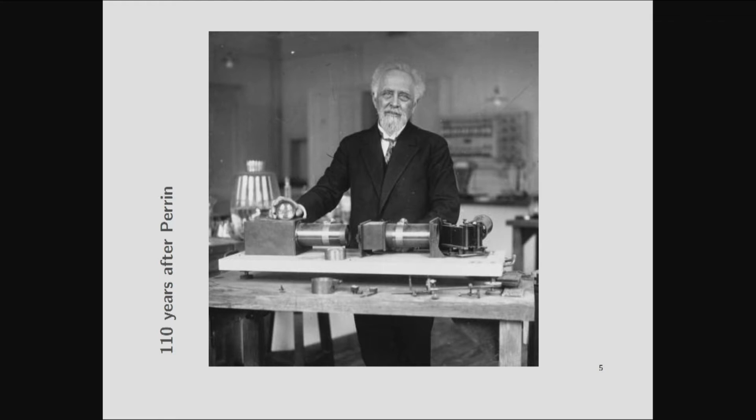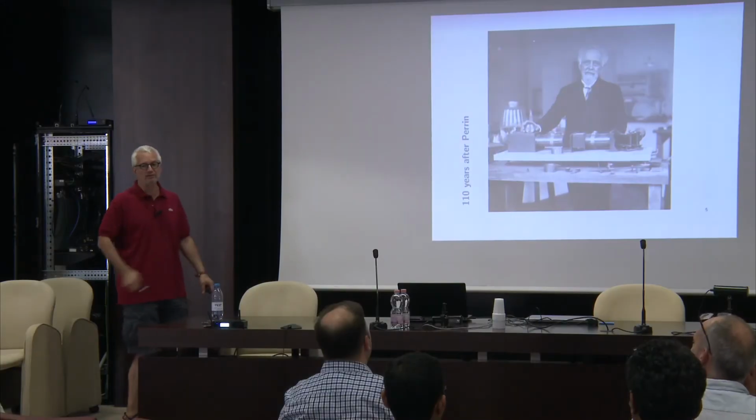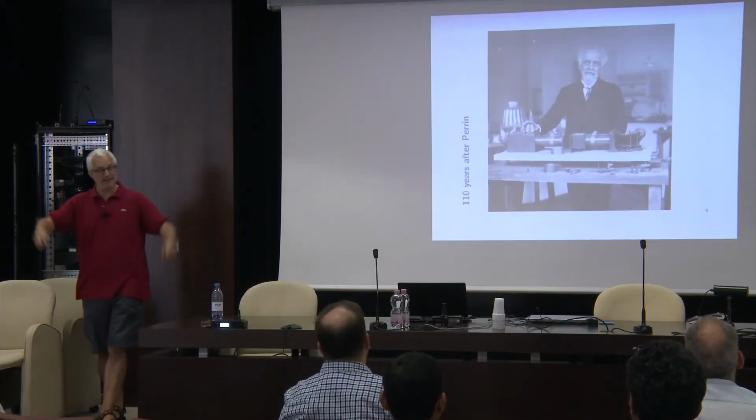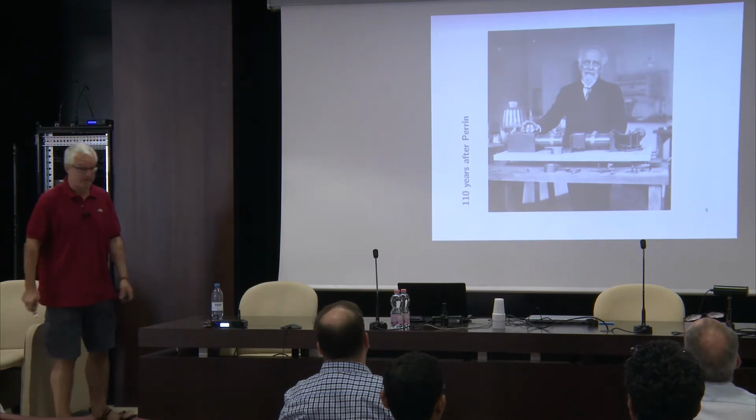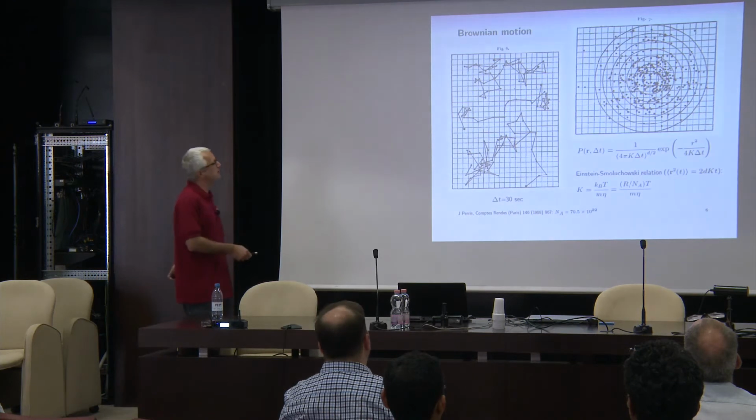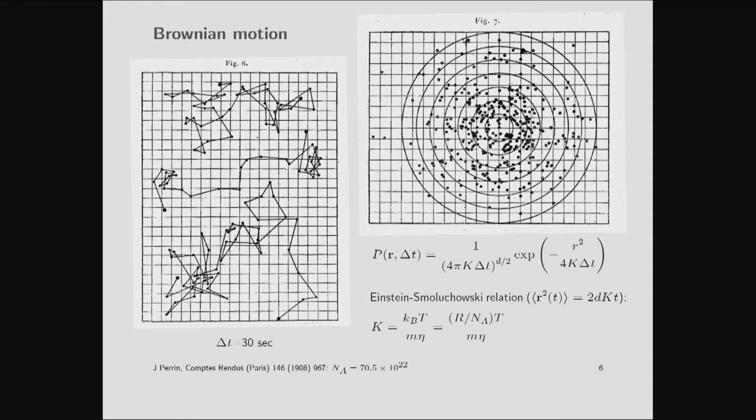After all these beautiful experiments by Jean Perrin in Paris, and I just recently found it's a new addition to the internet. It's the first time I saw him with his experiment in the Paris lab. And I've showed these images many times. These are trajectories. He measured small pieces of putty that he put in a water solution, and the trajectories were too short.